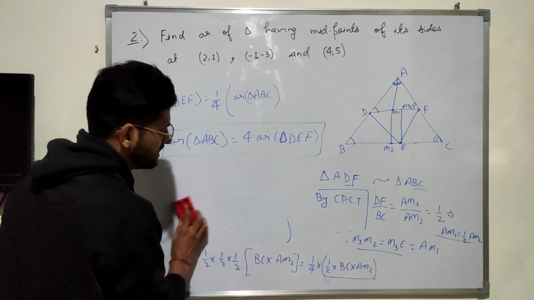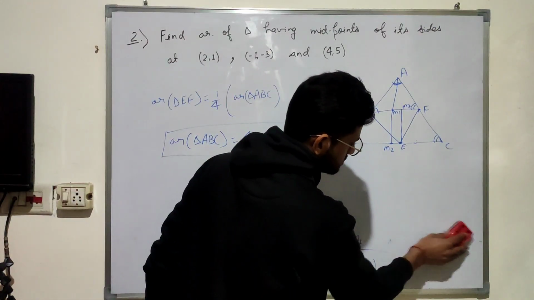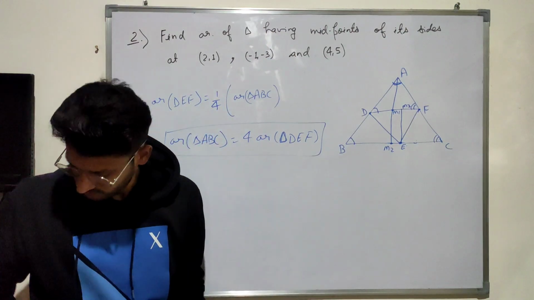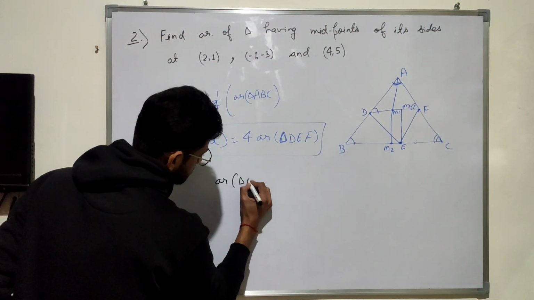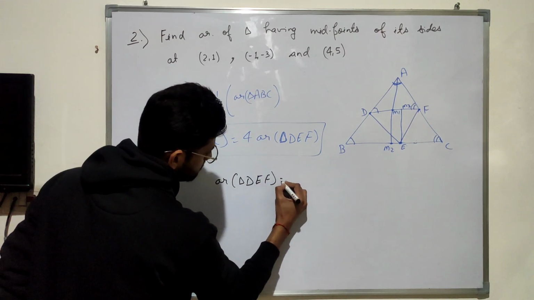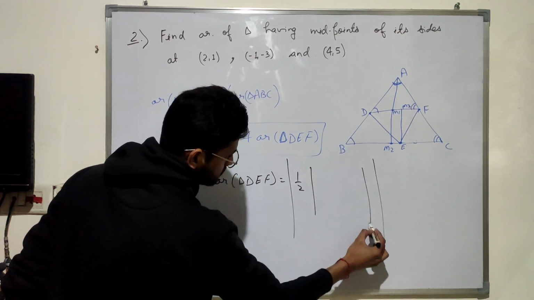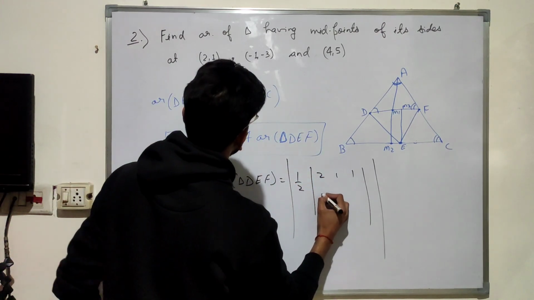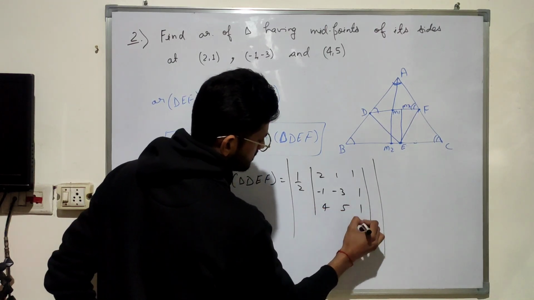Now we will find the area of triangle DEF. How can we find that? We have been provided the coordinates of triangle DEF, so we will apply the formula to find its area. The area of triangle DEF is going to be half of, we will apply modulus also, half of the determinant with first row 2, 1, 1, second row -1, -3, 1, third row 4, 5, 1.